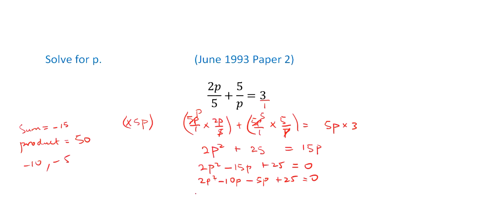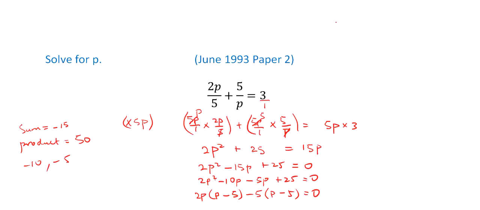Now we factorize, so we end up with 2p into p minus 5, minus 5 into p minus 5, which is equal to 0.